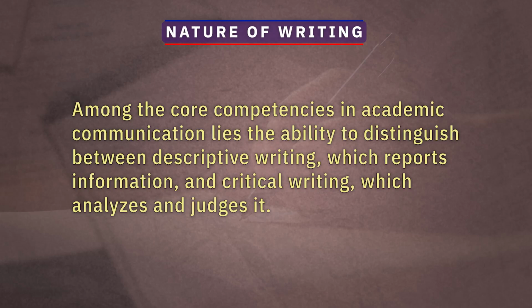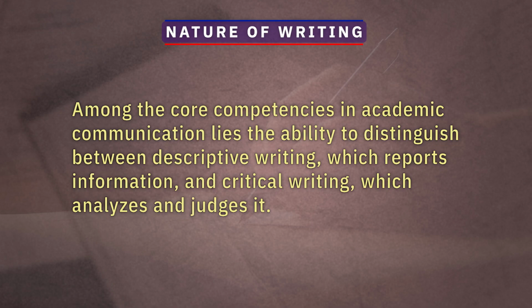Now, when we talk about descriptive writing or critical writing, what we are trying to focus upon is the nature of writing that is involved and the process of writing which one must engage in. Among the core competencies in academic communication lies the ability to express oneself clearly and also to distinguish between these two types of writing, descriptive writing and critical writing.